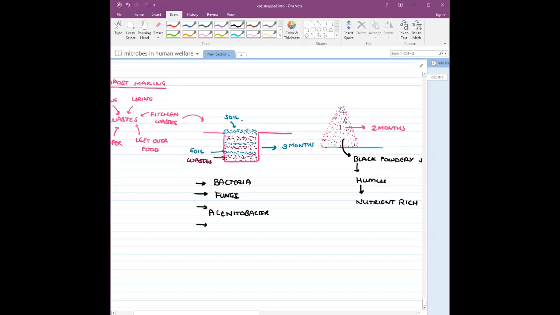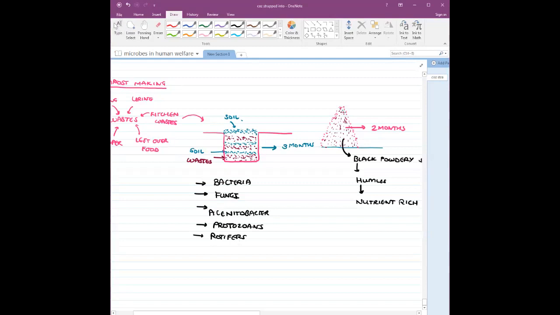And then we are also going to have some protozoans, and rotifers, which are small worm-like structures. All of them are going to be here.